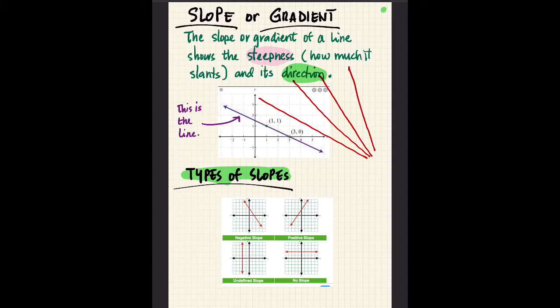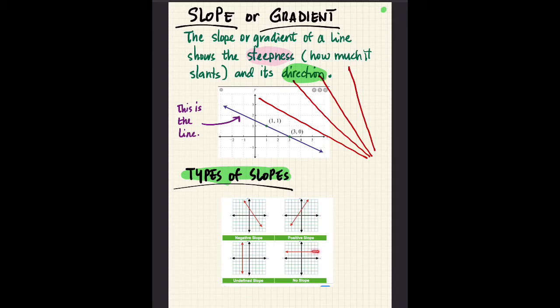Now, if the slope slants to the right, to this side, then it's called a positive slope. If the line is parallel to the y-axis, that means it just goes straight up and down. It does not slant. It is called an undefined slope.